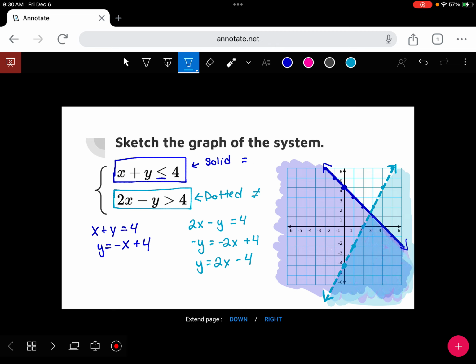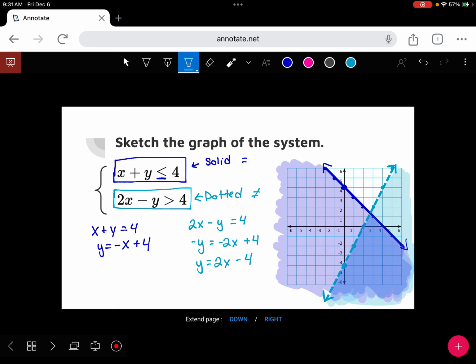So the solutions are all of the points inside this double colored area. Questions on that one? Okay.